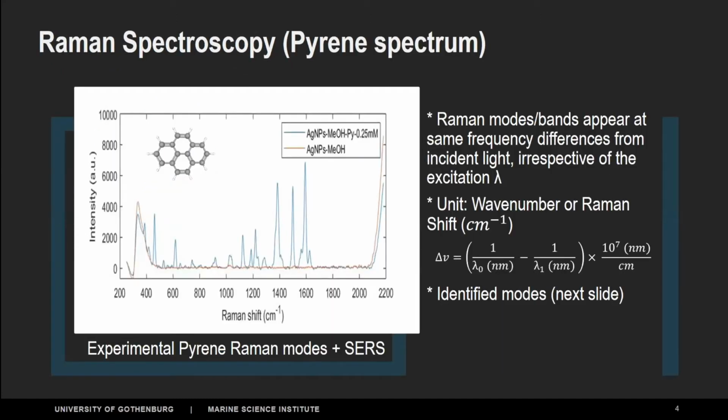Now this is one of my results, but what do we see actually? So if we plot intensity to frequency, and then you see in that little equation how we calculate this Raman shift, which is the unit. It's called Raman shift or wave number. Then you see, you send the excitation light, and then what you get back, and then you transform it into centimeters. So you get the unit per centimeter frequency. And then every molecule has a specific fingerprint, and we call them bands.